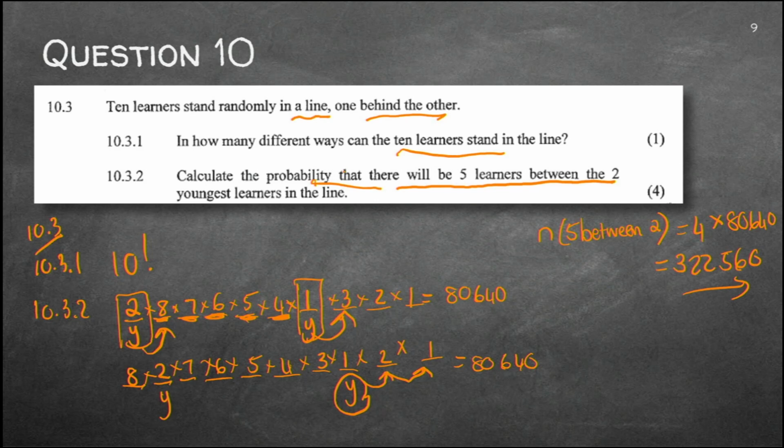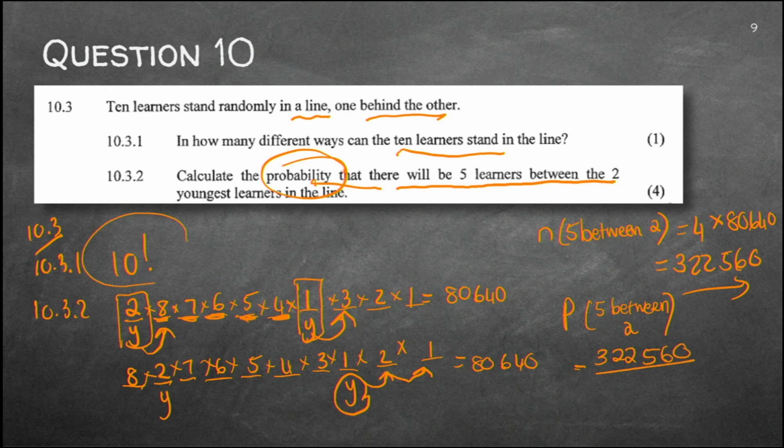They're specifically asking for your probability, meaning the probability for 5 between 2 would be equal to the total of outcomes we want over the total number of outcomes in general. And your final answer then would be 4 over 45.